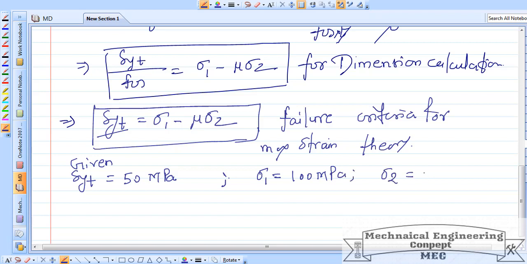Sigma 2 induced is approximately 50 megapascal, and mu is given to us as 0.2, the Poisson ratio. So what does it mean?